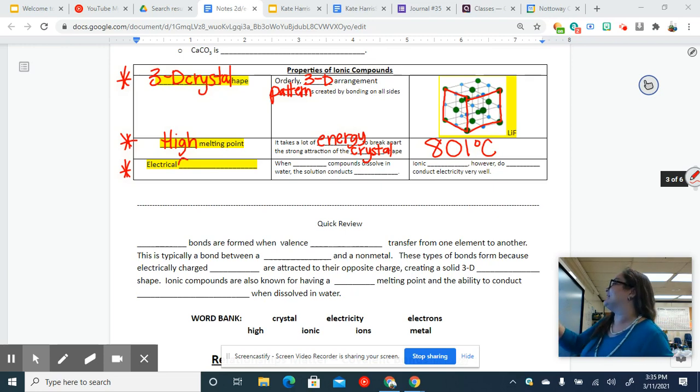And then the last thing is electrical conductivity. So when they are dissolved in water, they can conduct electricity. Now, salt itself, like if you just tried to run electricity through just some salt, it's not going to work. But when you dissolve it in water, when those ions are allowed to be loose in the water, they conduct electricity.